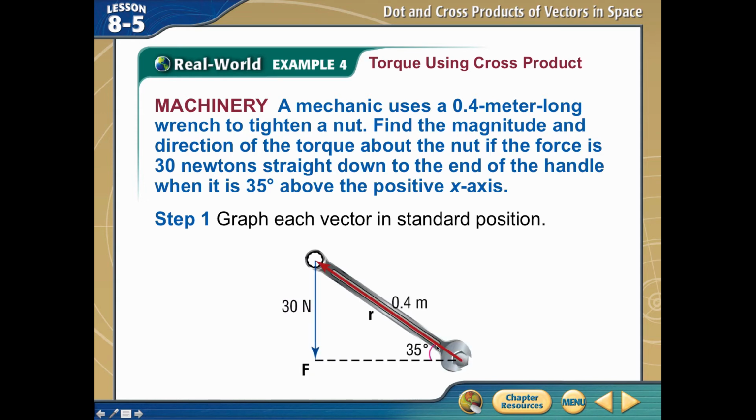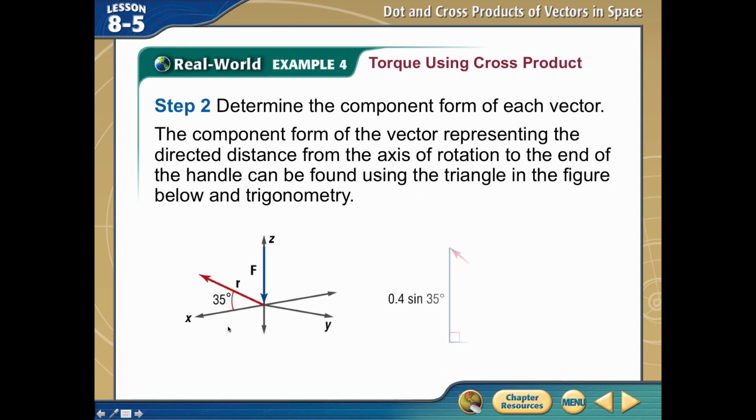So if you graph the wrench and then the force going down, what we're going to do is put them in an X, Y, Z coordinate system here and rewrite the vectors. We have to do that because remember, our cross product is going to be orthogonal to both vectors.